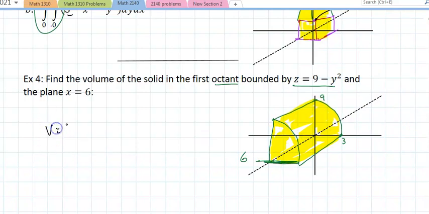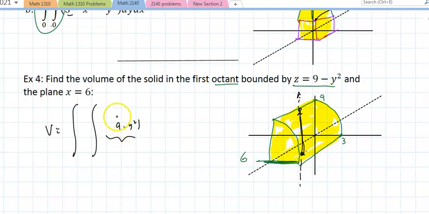Well, volume is going to equal, if I'm looking at this from the top down, the double integral, and I'm running top minus bottom. That's 9 minus y squared, no big secret. But if I'm looking from the top, this is all I see.